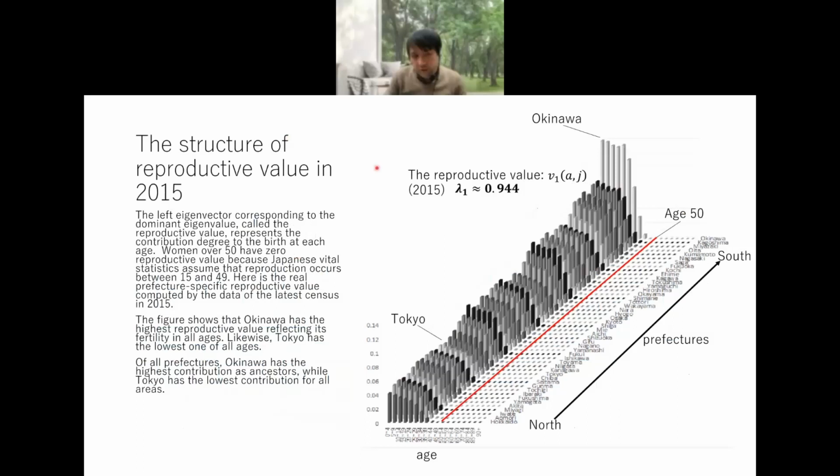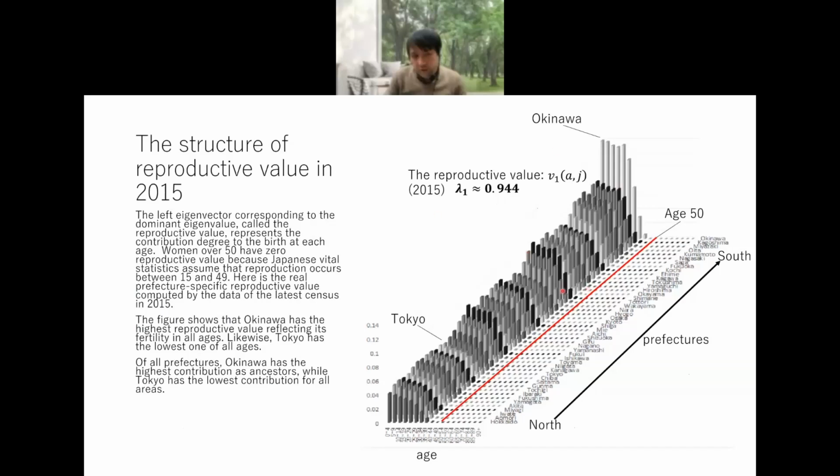This is real data, which constructs the right eigenvector corresponding to the dominant eigenvalue. The dominant eigenvalue is 0.944. If this eigenvalue is less than 1, the population is declining.